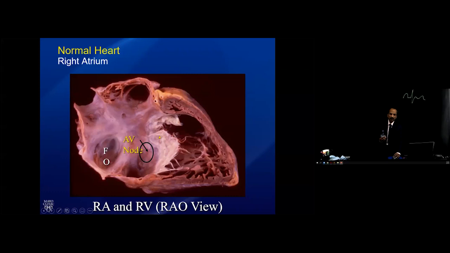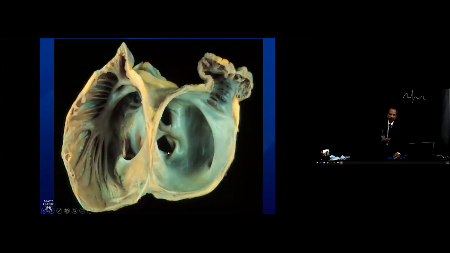This triangle helps us approximate where the compact AV node is located. Then we use fluoroscopic or electrical landmarks to identify these structures and say this is where we would like to avoid damage while ablating.